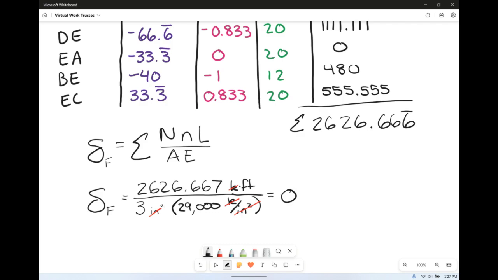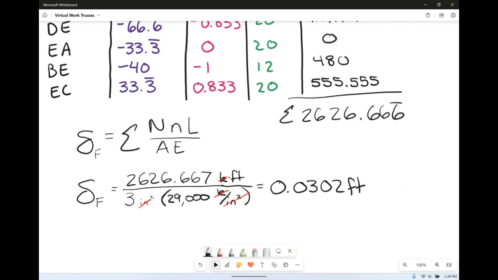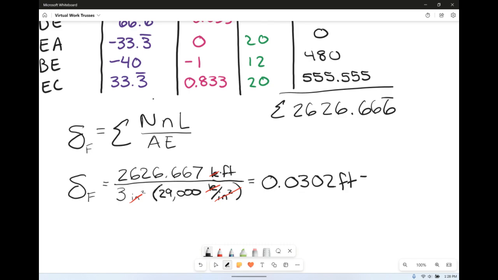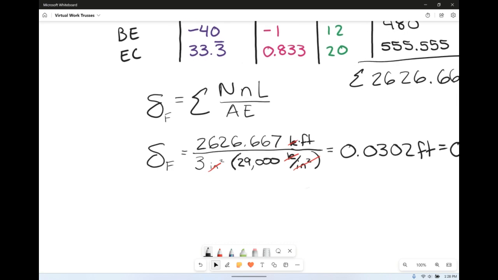So we're going to get 0.0302 feet. I don't think anybody really cares about how many feet this is when it's a fraction of a foot. So multiply it by 12, get it to inches, we get 0.362 inches. And this is going down. That was our applied direction.